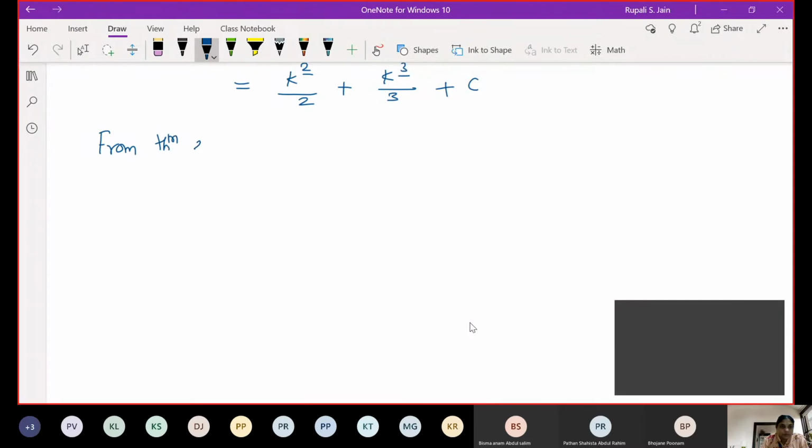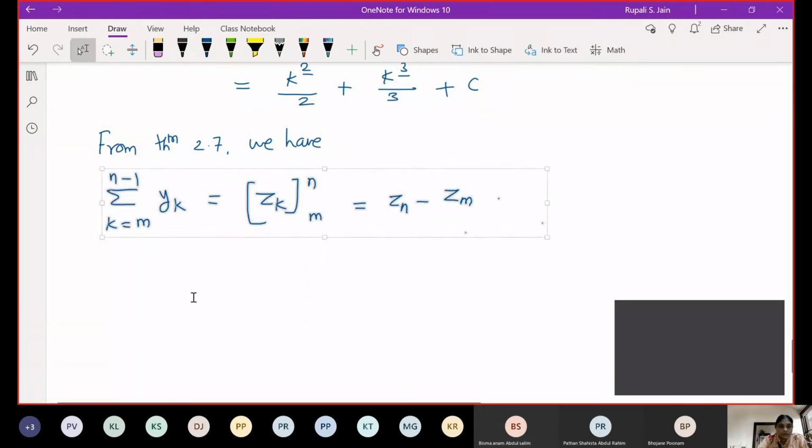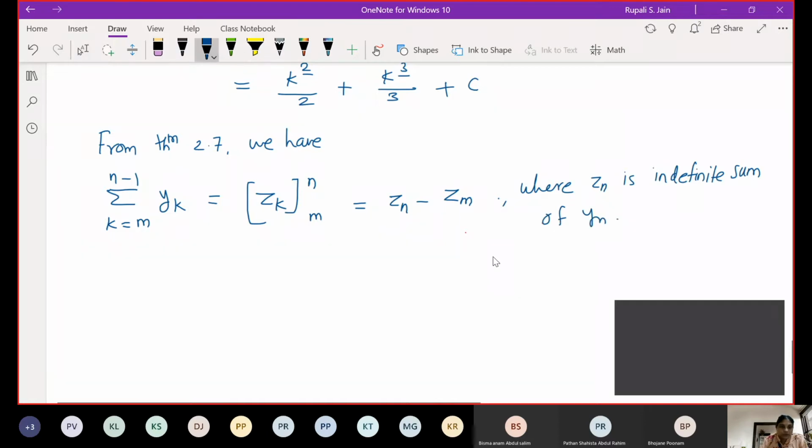From theorem 2.7 we have this one, where Zn is the indefinite sum of yn. Is it? So from theorem 2.7 we have this.